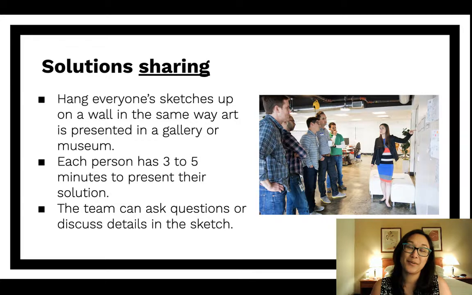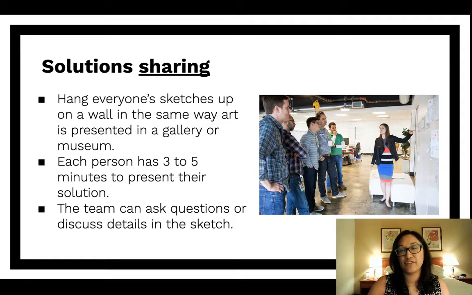Okay, so now that you've finished your individual work and created individual solutions to this big sprint problem, what we need to do now is to create an art gallery. So we will put up every individual sketch, or like the 8.5 by 11, up on the wall, and everyone on the group has about 3 to 5 minutes to present their idea.